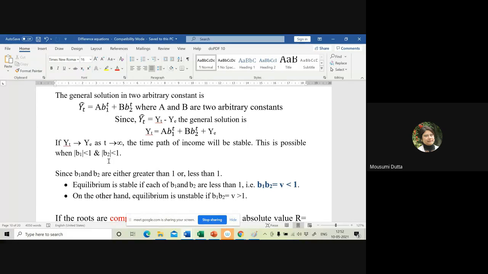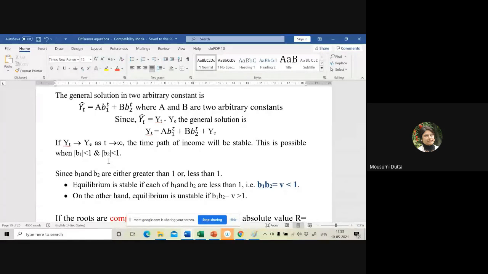If the roots are real, we will have a monotonic time path. If the roots are complex conjugates, we will have an oscillatory time path. Now, there are some questions: when the roots are imaginary or complex conjugates, why do we get an oscillatory time path? The explanation is there when we did the differential equation framework.